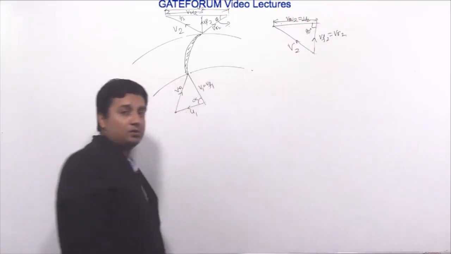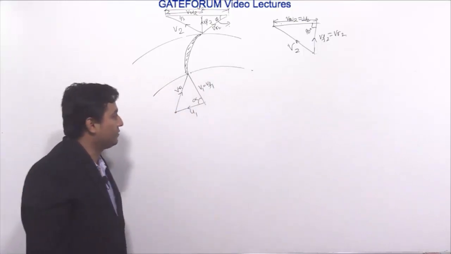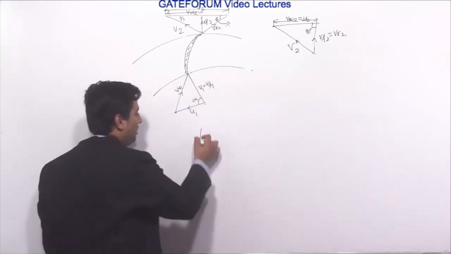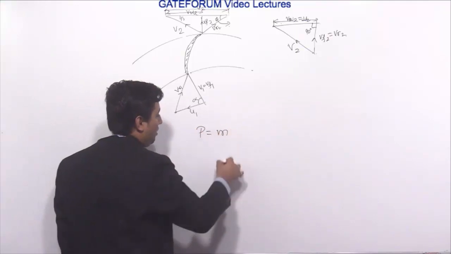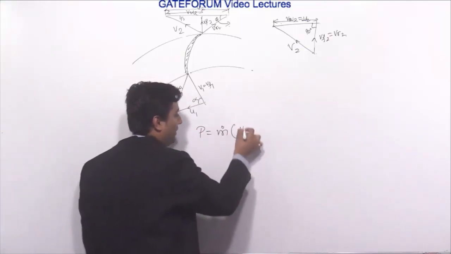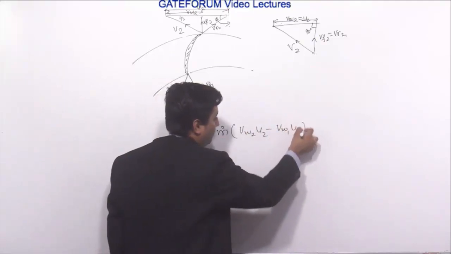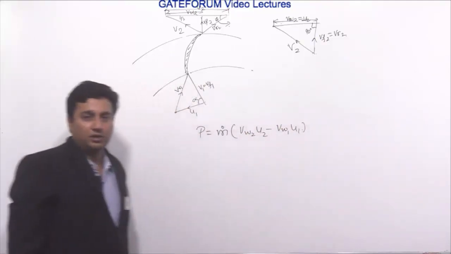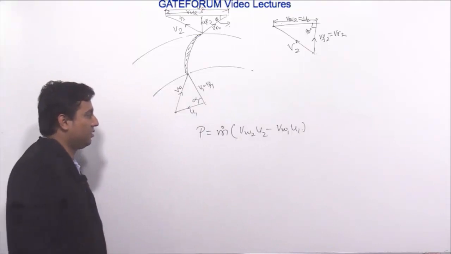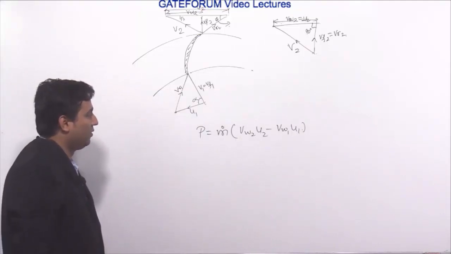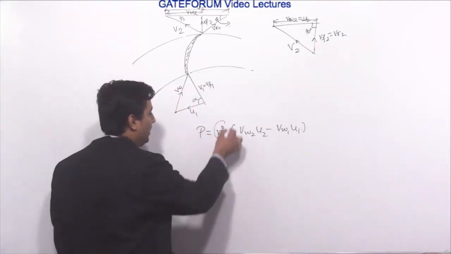So that is your velocity triangle for the given question. And what is Euler's equation of power? That is m dot times Vw2 U2 minus Vw1 U1. Yes or no? That is your Euler's equation. Now from here we can calculate m dot.